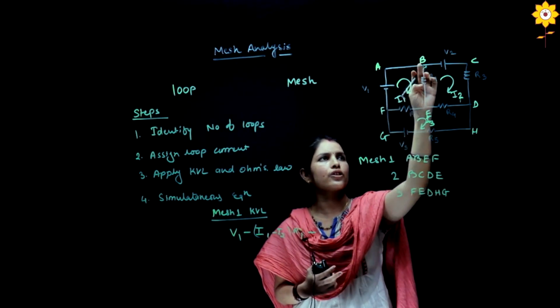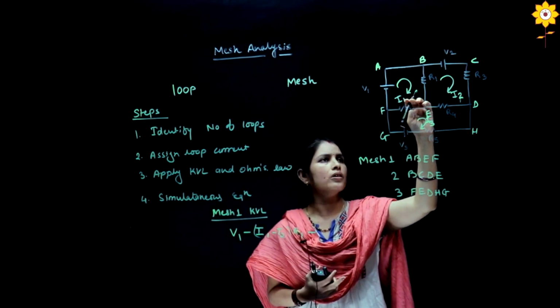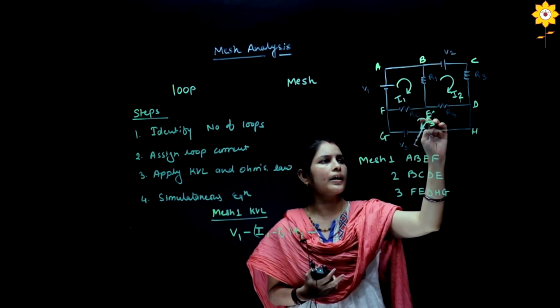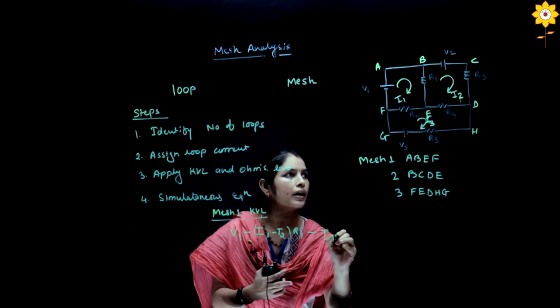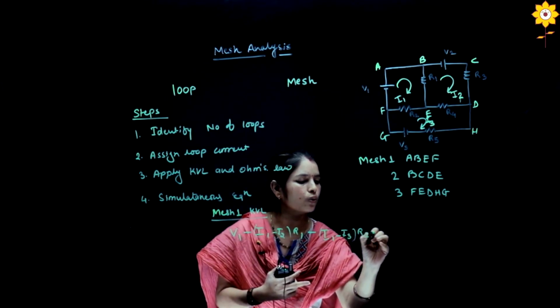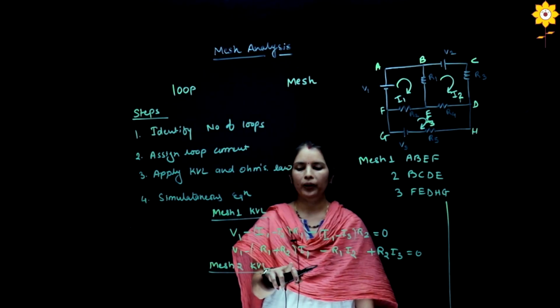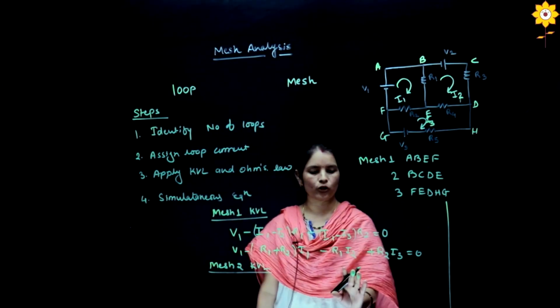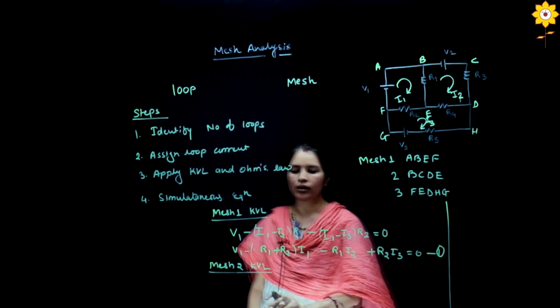As we are writing the equation for mesh 1, we will consider the current I1. The I1 current and I3 current are opposite to each other. So here we will write I1 minus I3 into R2 equals 0. This is the equation for mesh 1 when we apply Kirchhoff's voltage law. This is the symbolic equation, which we write as equation number 1.